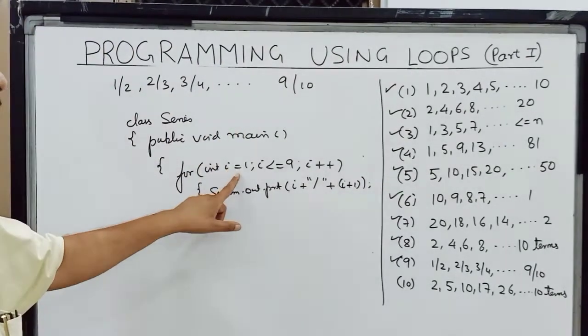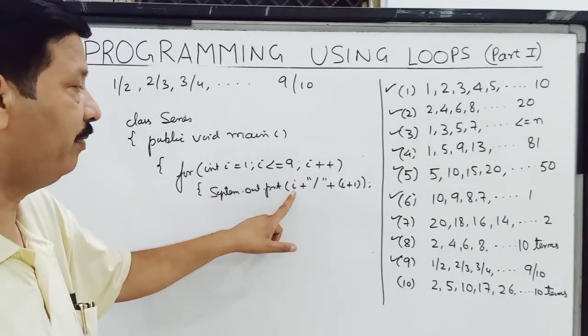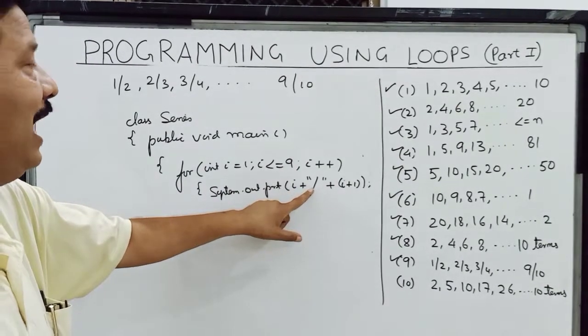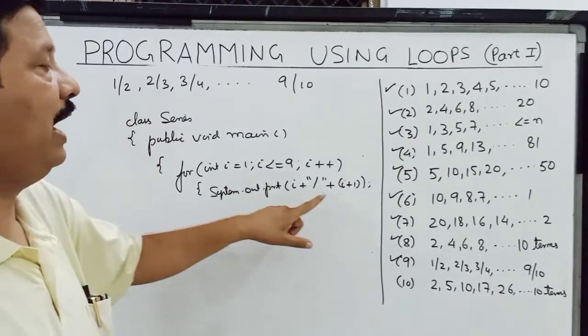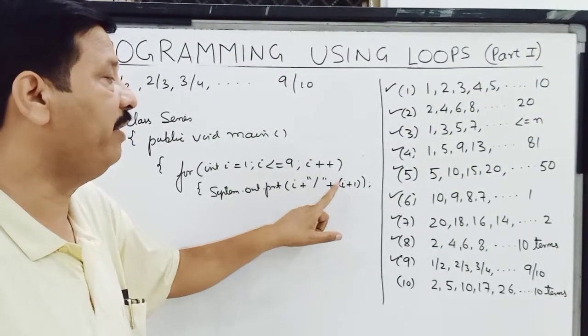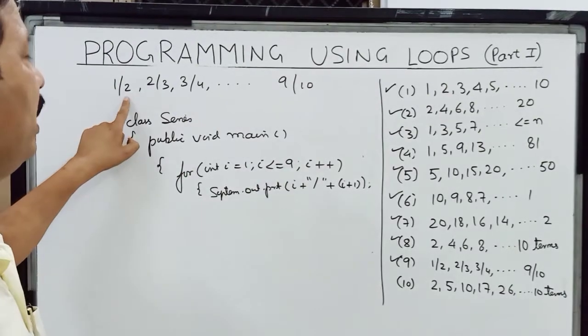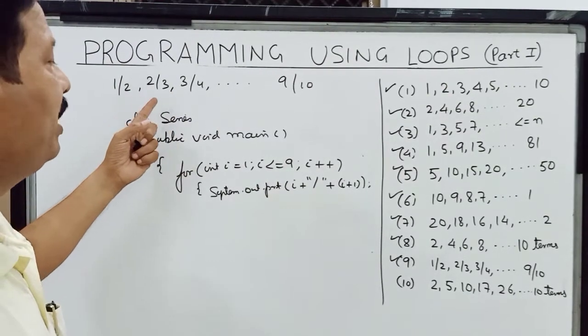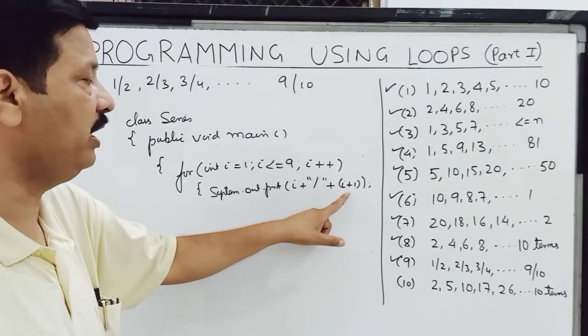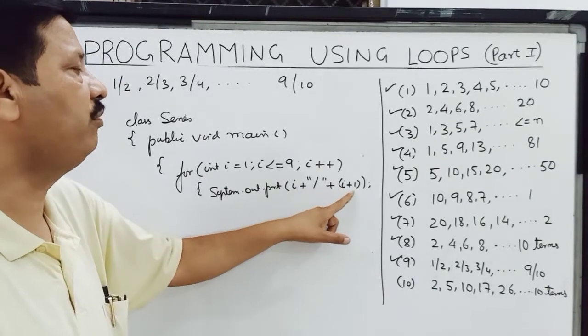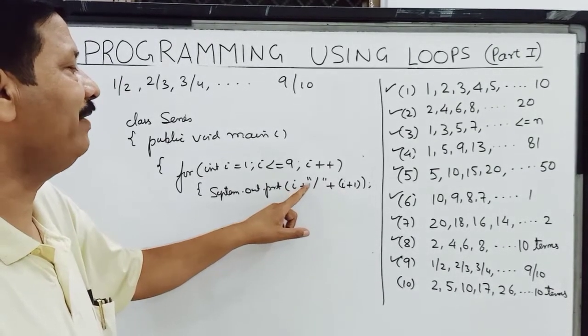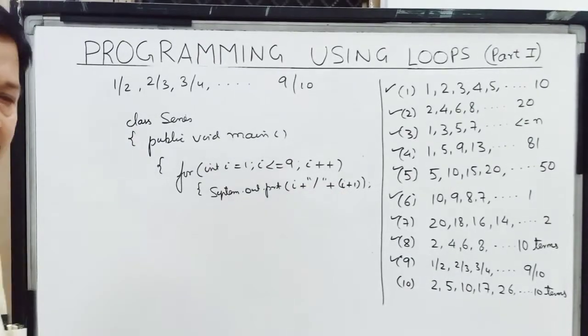So if the value of I is 1, then 1 will get printed, then this slash sign will get printed and this value will get calculated. If I is 1, then I plus 1 is 2, so the value will be 1 slash 2. Next time when the value of I becomes 2, so 2 slash 3. Next time 3 slash 4. Then last, 9 slash 10 will get printed.